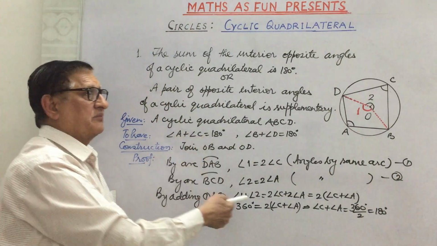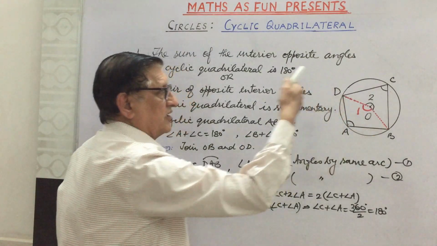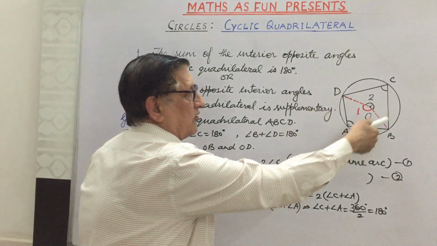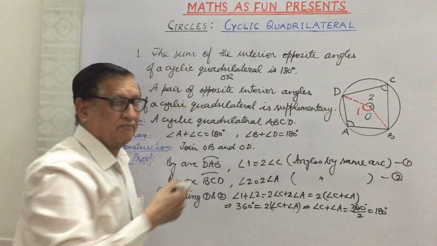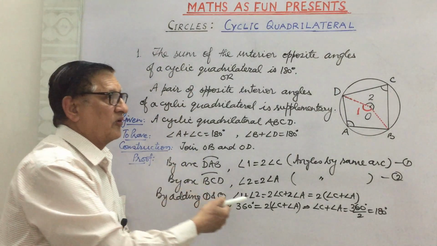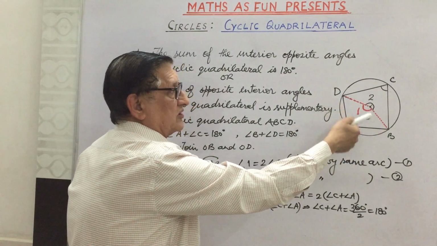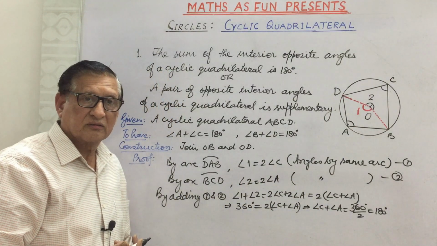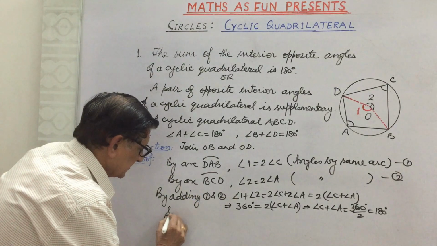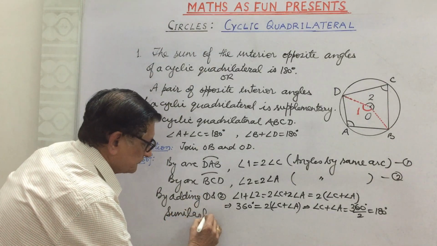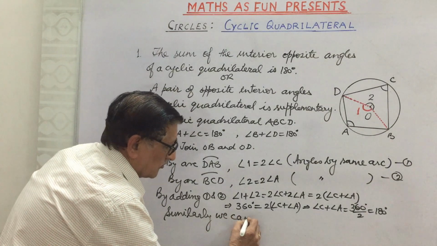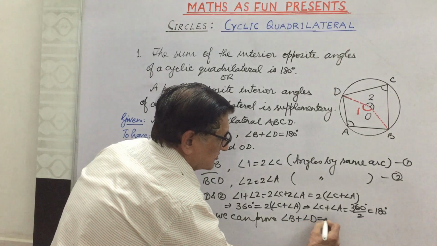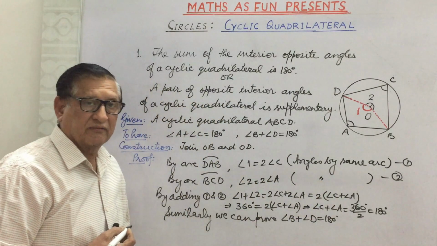Similarly, we can prove that angle B plus angle D is 180 degrees. Or we can also say that the sum of all 4 angles of a quadrilateral is 360 degrees. Therefore, the sum of B and D will be 360 minus 180, and that will be 180 degrees. So similarly, we can prove angle B plus angle D is also equal to 180 degrees.